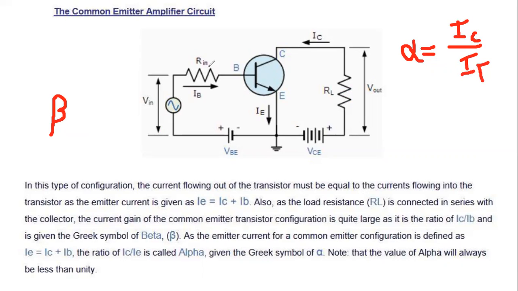But in the common emitter circuit, the input current is IB and the output current is IC. So what will be the current gain? The current gain is denoted as beta, and beta equals the output by input. We all know that gain is always the output by input. This type of parameter is always the ratio of output by input. Gain means what value we are getting in the output.